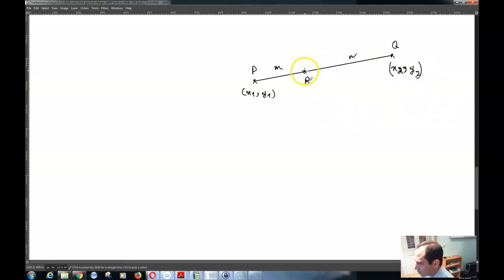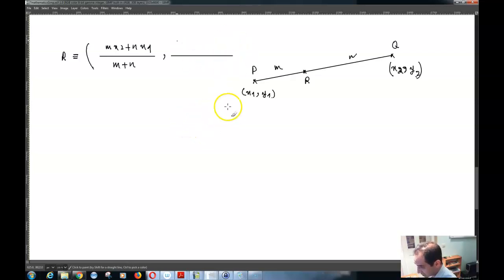The coordinates of point R would be m times x2 plus n times x1 over m plus n, and the y coordinate of the same point would be m times y2 plus n times y1 over m plus n.